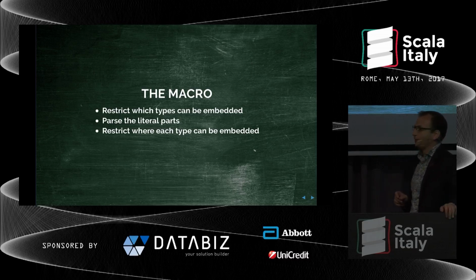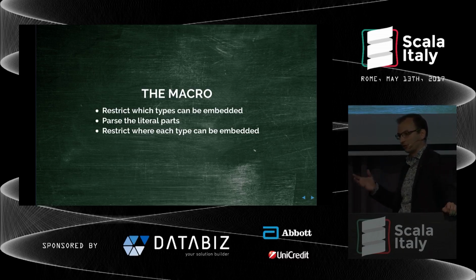We could, and this is maybe the most interesting bit, actually parse the literal parts, because at compile time we know what they are. We know what those static parts of the string are during compilation, and we could decide whether we accept it as valid code, or we reject it on the basis that the string contains something invalid that we want to reject.